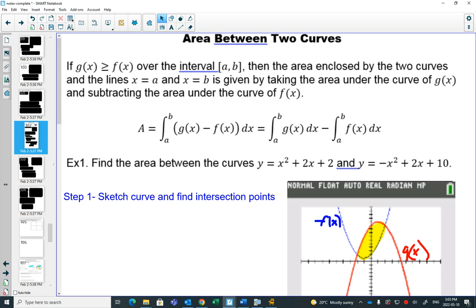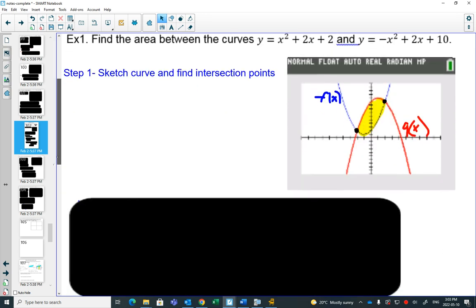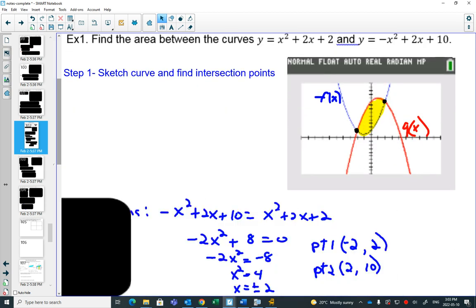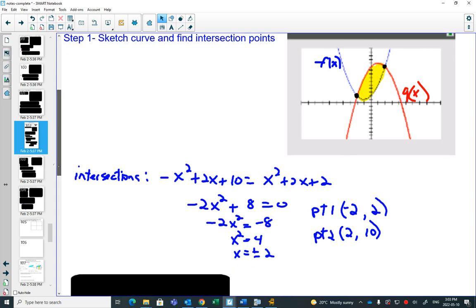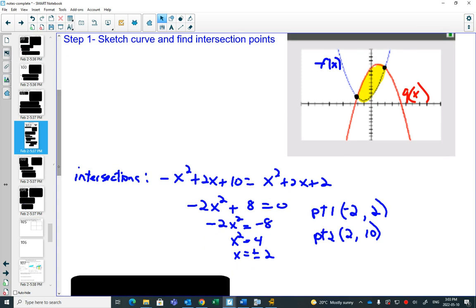So step one, we have to do a sketch, and we need to find this point and this point. How do we do that? Well, we set the two equations equal to each other and solve. We get x equals plus or minus 2.